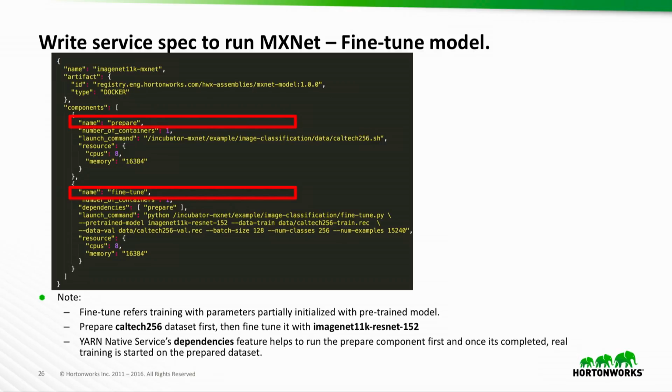In the second module, the fine tune module, we can specify the dependency on prepare. When Yarn sees this, Yarn knows the first one is to be started and finished first, then launches the second one. So we can orchestrate the workflows inside the service spec as well.